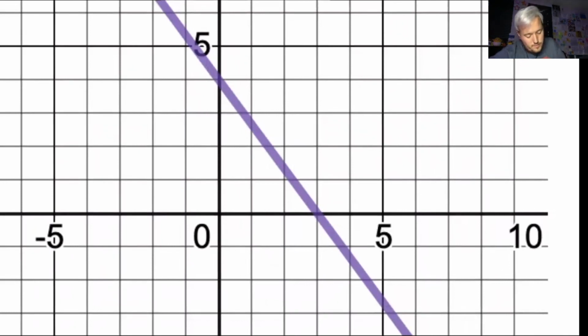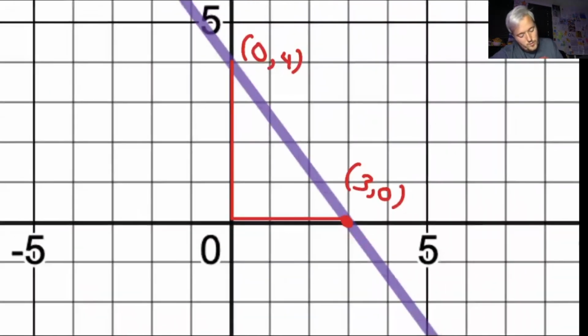All right, so now up here, we have a y-intercept of 0, 4, and an x-intercept of 3, 0. So to find my slope, we went down 4, and now we went right 3.